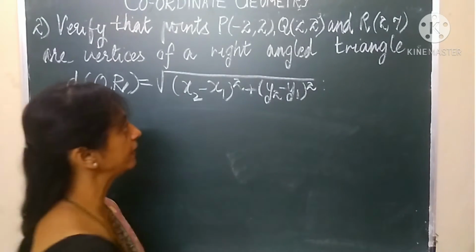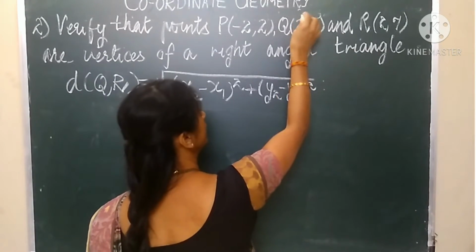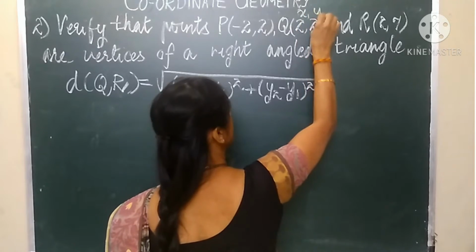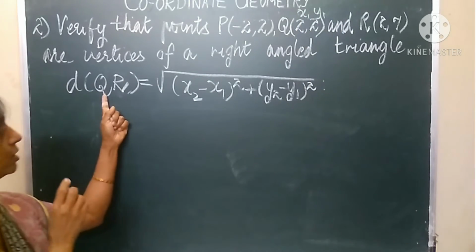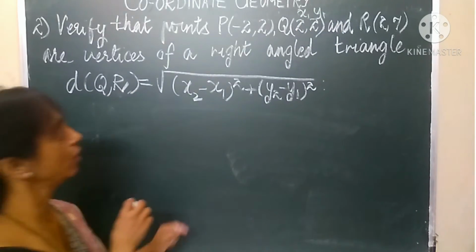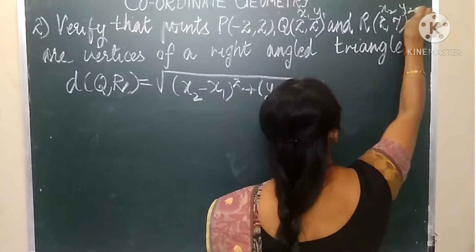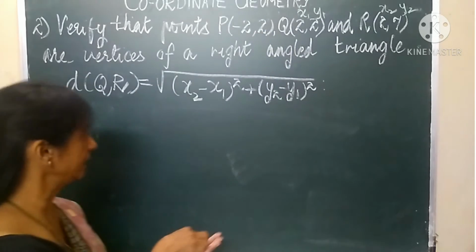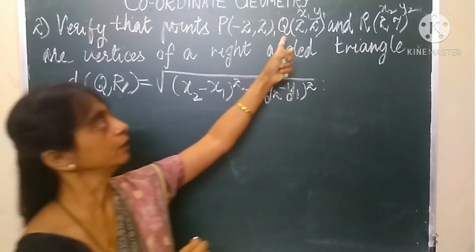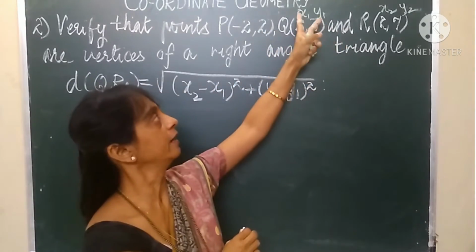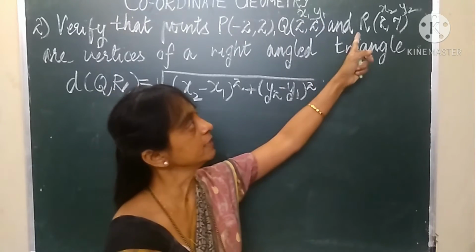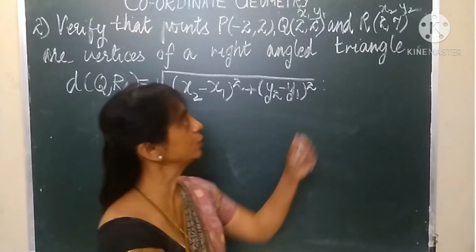So x1, y1 will be the coordinates of Q, and the coordinates of R will be x2, y2. So over here we are finding our distance QR.